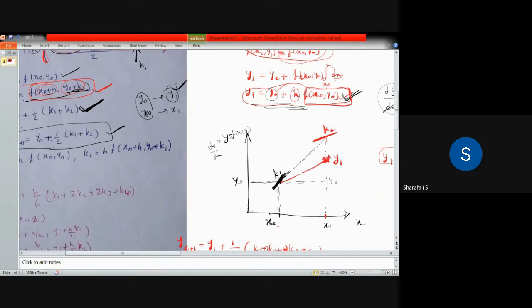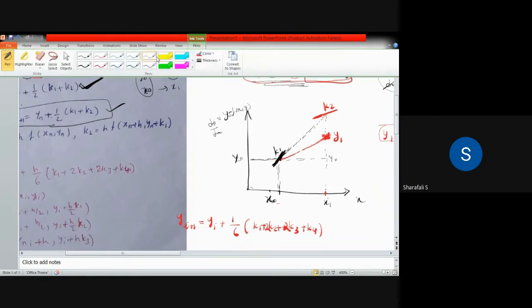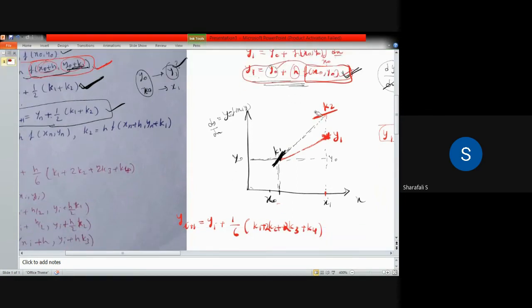So we'll get y1, which will be much more accurate. But in the case of fourth order Runge-Kutta method, we will be considering 4 such slopes, so that we will be getting a much more accurate result. Okay, so just consider that.